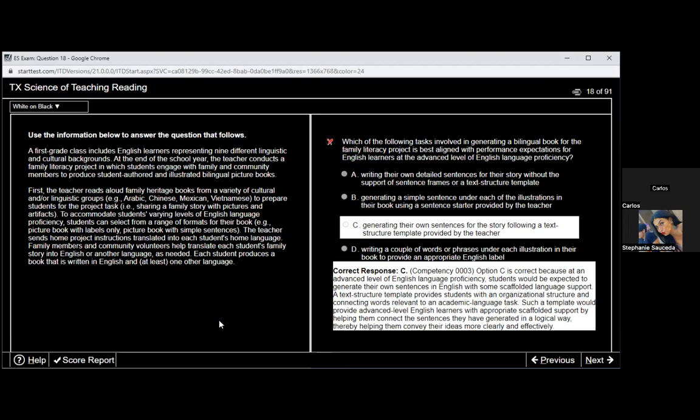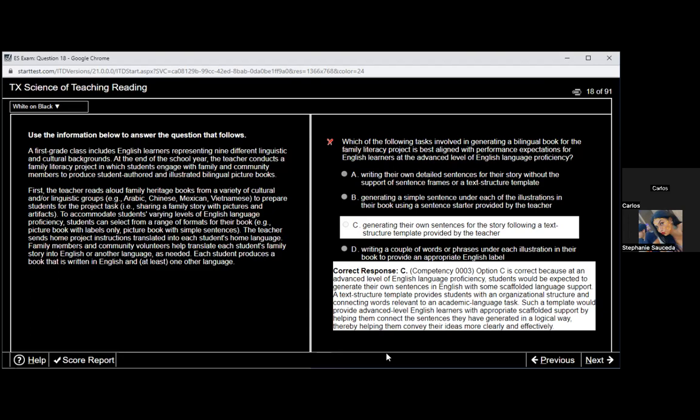We're looking for which of the tasks that they have to do, and they do several different tasks here, aligns with performance expectations.